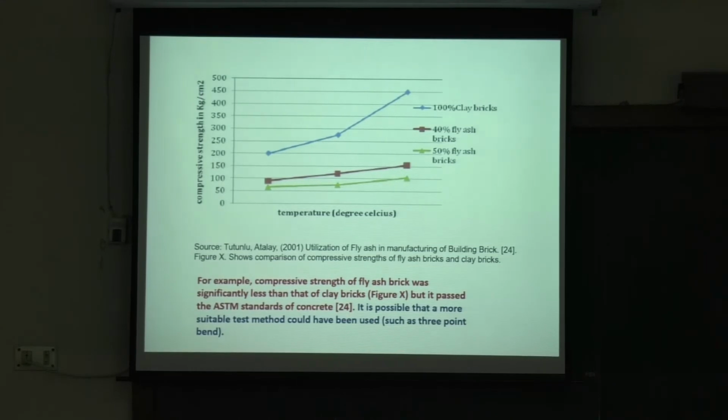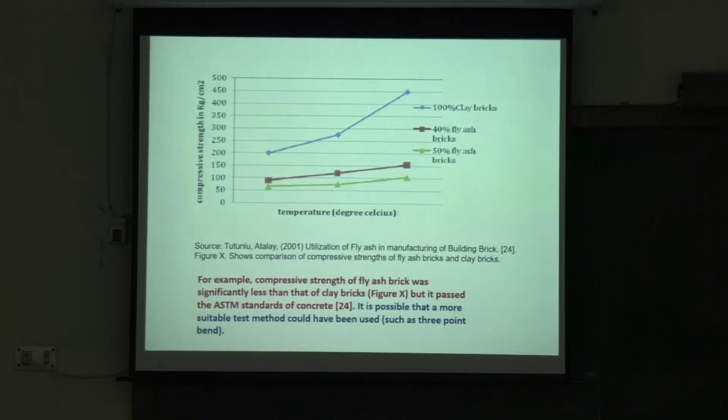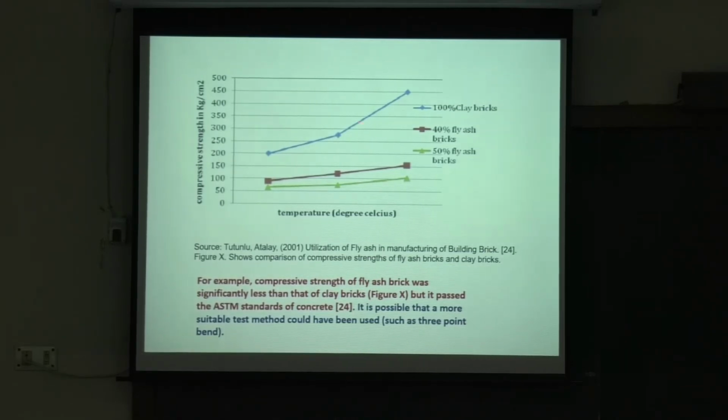So the compressive strength and temperature on this side. The 100% clay bricks have the highest strength and temperature. 40 or 50% clay, 50% fly ash clay bricks do not have that much compressive strength.